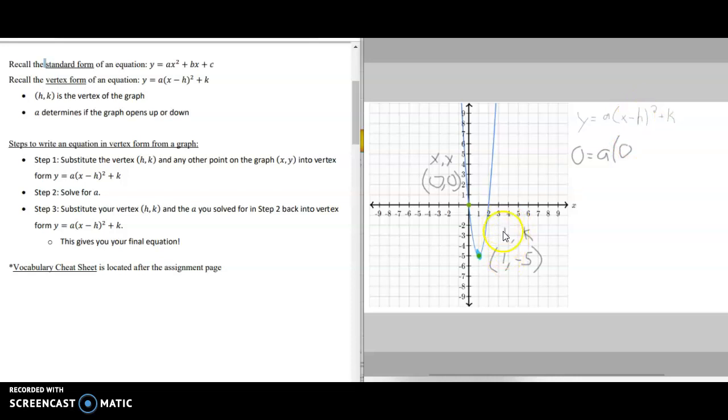So when I look in my h spot, I have a positive 1. However, I want the opposite of that, so it changes to a negative 1. Squared, and then plus k tells me to put whatever k value I have. My k value is a negative 5, so I'm going to put minus 5.